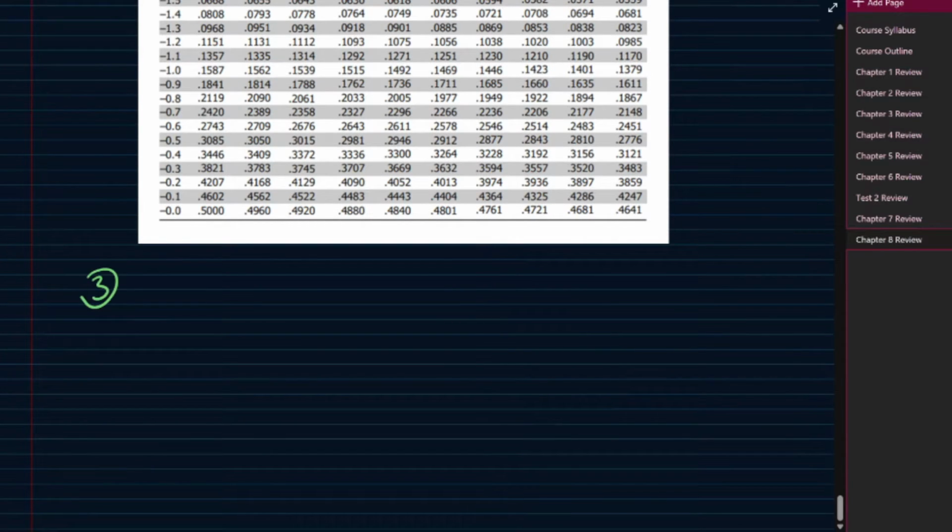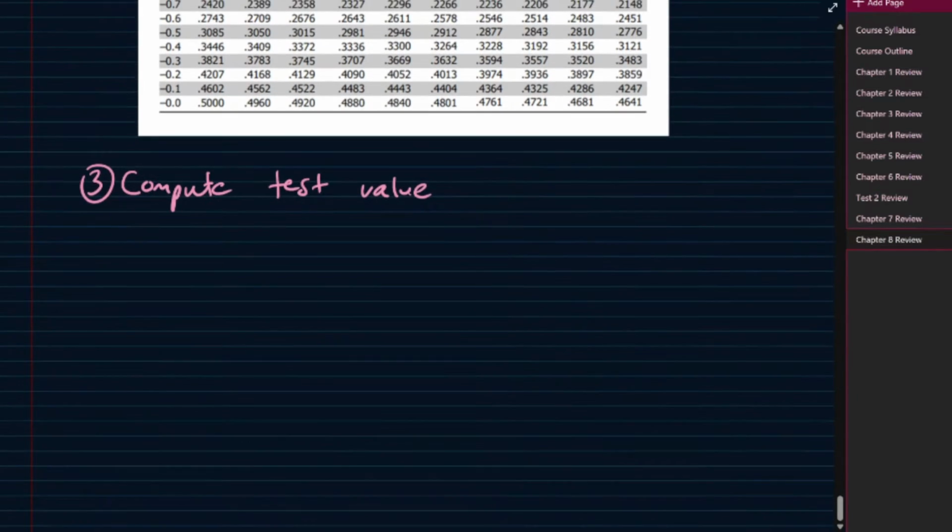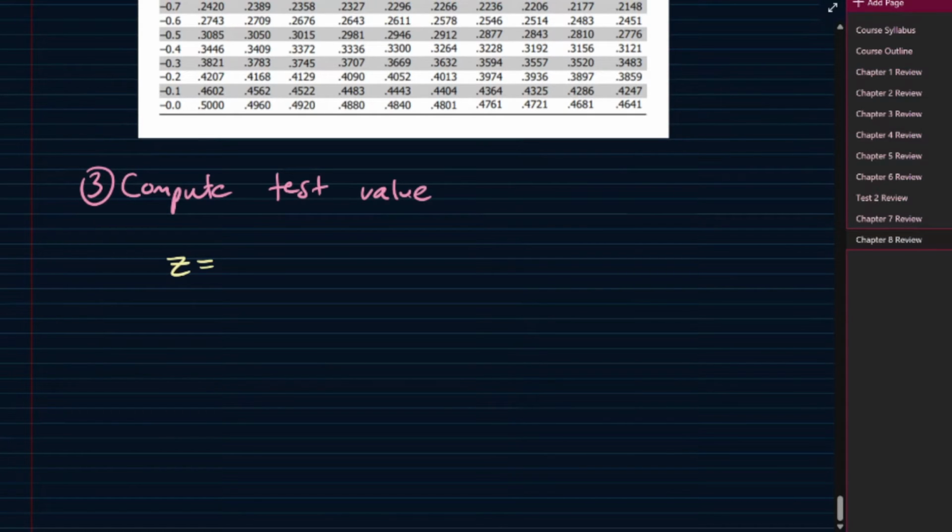Now we compute our test value. We're using z-scores again because sigma is known. And our formula is x bar minus mu over sigma divided by square root of n. What's all the information here? Our mu is 24,672.